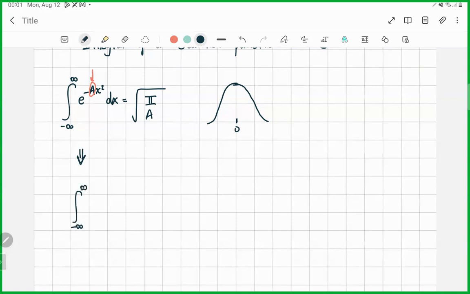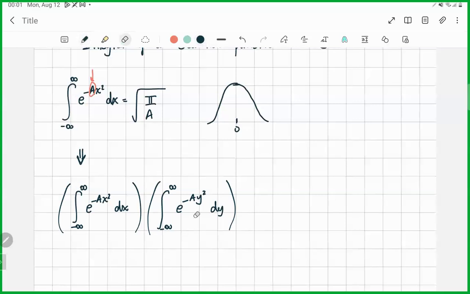The integral in x, I'm going to multiply by the same integral, now with a different variable y. The solution of this integral is of course the same. So to connect with what I had above, I'm going to say that this is the square root.